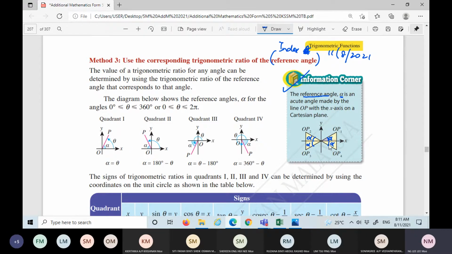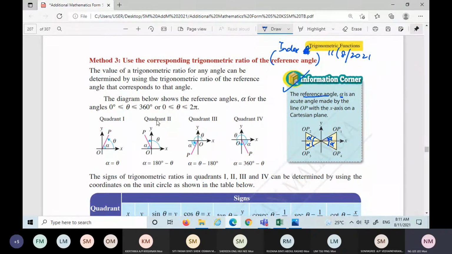In this case it means your given angle is in the second quadrant, so the angle we refer to is the reference angle, alpha, that is here.